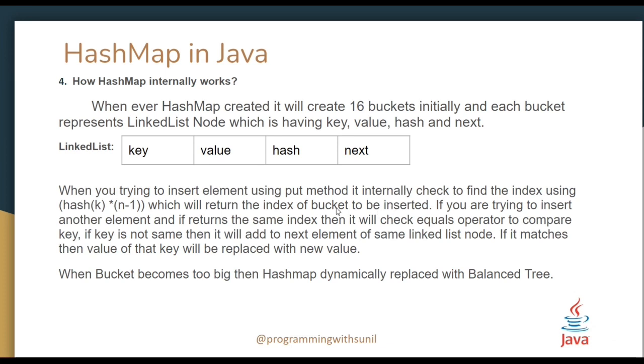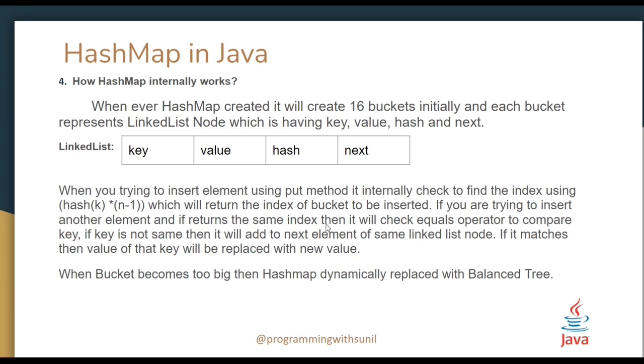Say we are trying to insert another element, but it returns the same index again, for example in the first case it returns 1 as an index, and you insert another element which also returns the same index, 1. Then that is nothing but a hash collision, right? Hash collision, so the same index is returned. That is important, you need to remember.